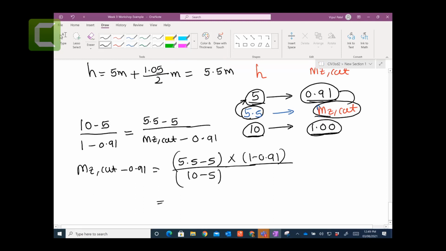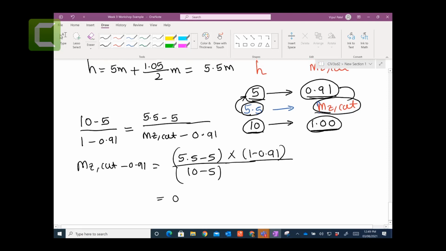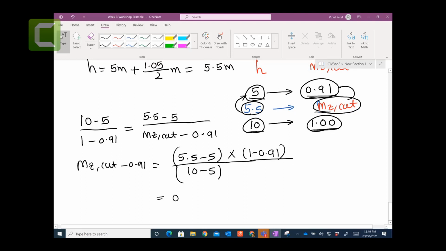Right, so let's use the calculator. 5.5 take away 5 times 1 take away 0.91 divided by 10 take away 5. Sorry, something has happened, not right. Let me redo it again. 5.5 take away 5, divided by 10 take away 5, times 1 take away 0.91.